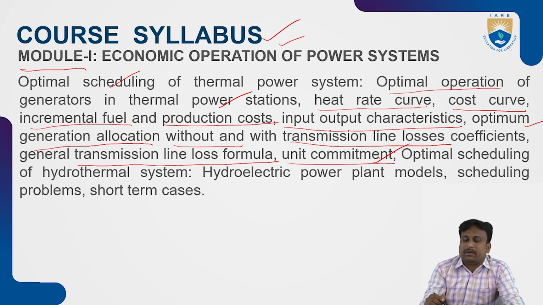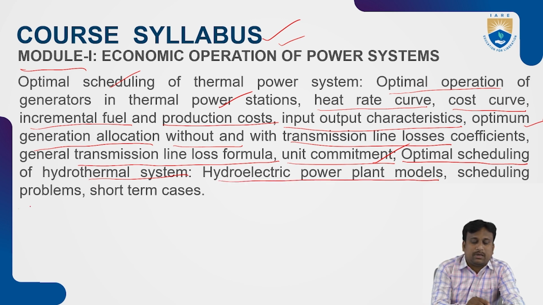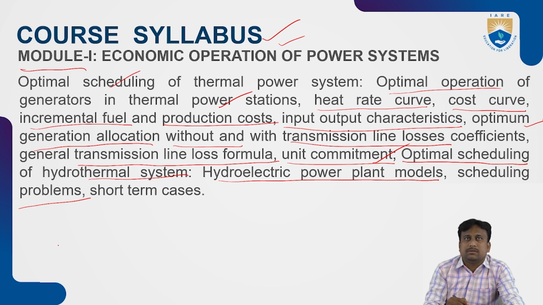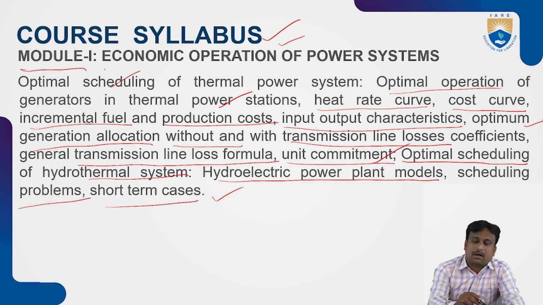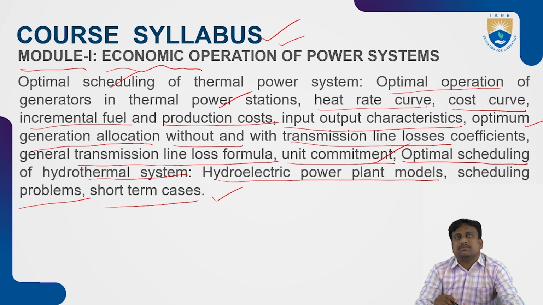With this unit commitment case, we can make the optimal scheduling for a particular hydrothermal power system, hydroelectric power plant models, scheduling, some numerical problems, and short-term analysis of this hydrothermal system. Module 1 entirely deals with the economic analysis of the power system network.